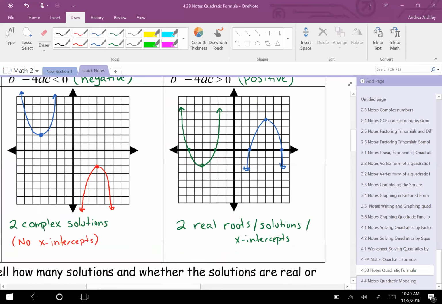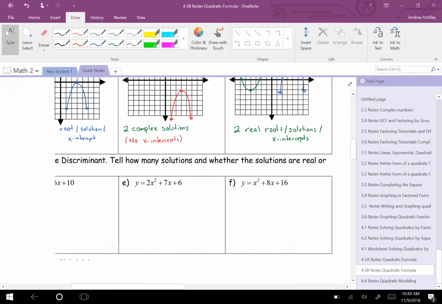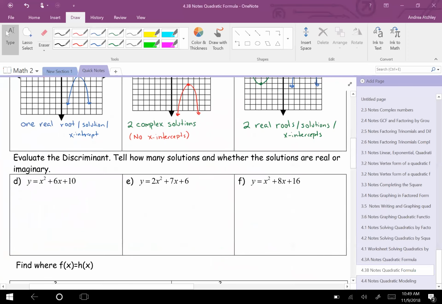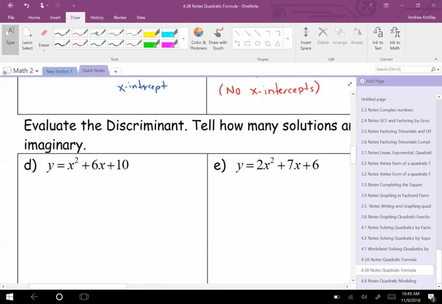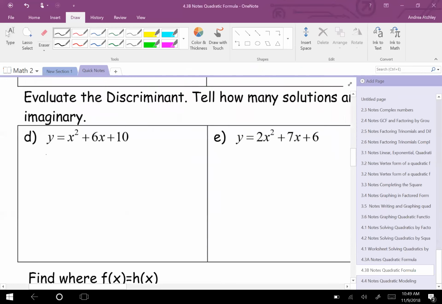Okay, so I'm going to give you a problem that looks like this in your homework and on a quiz. It says evaluate the discriminant, tell how many solutions and whether the solutions are real or imaginary or complex. So we're going to use our discriminant, b squared minus 4ac. Okay, Piper, what's the a value in this equation? 1.